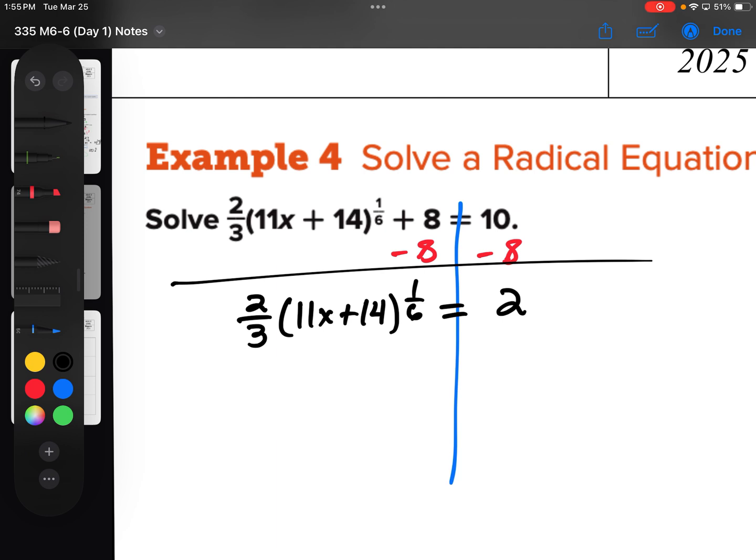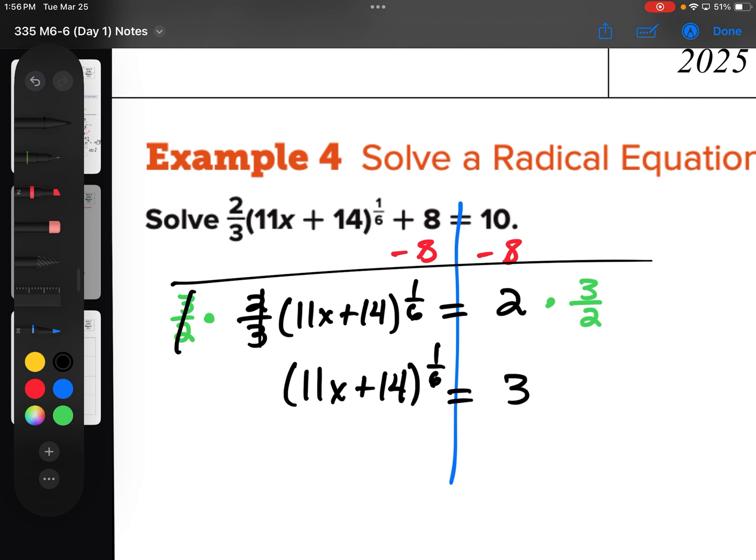And then to get rid of the 2/3, remember, to get rid of an ugly fraction, I always say you multiply by the reciprocal, 3/2. Those are going to cancel out really nicely for us. And then we have 11x plus 14 to the 1/6 power is equal to 3.